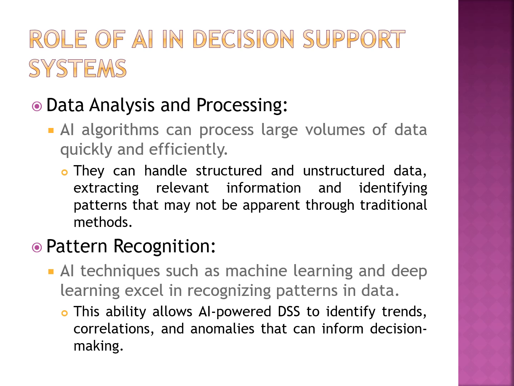Now we will discuss the role of AI in decision support systems. AI plays a crucial role in analyzing the data and processing huge amounts of data quickly and more efficiently. It can process structured data, for example, relational database tables. If you have data in the form of tables, or if you have data in text documents, like unstructured data such as email content, textual documents, and videos.